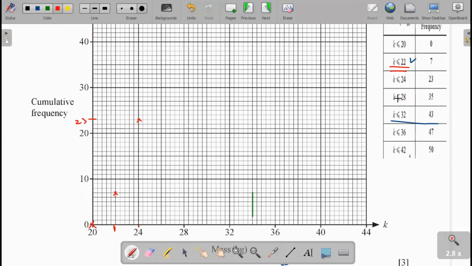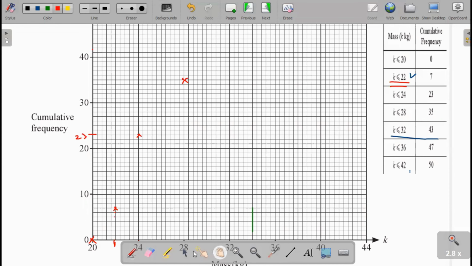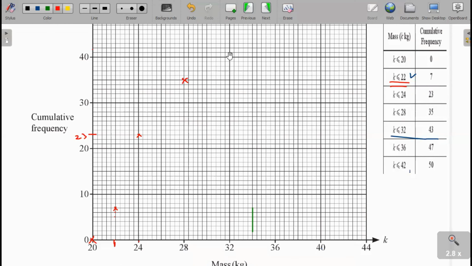And next is 28 to 35. You see 28, and we move upward, and this value will be 35. And next is 32 to 43, and we move to 32, and that value will be 43.